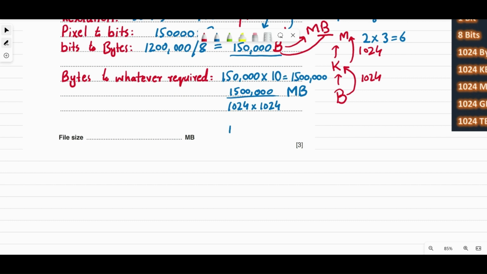Or we can simply look at kilo, as in physics or maths, as a unit of thousands. Sorry, we're going to write it again. 1,500,000, looking at kilo as a unit of thousand.